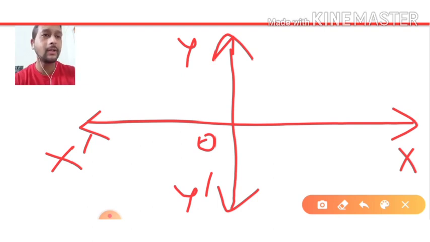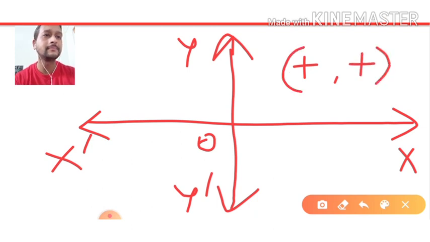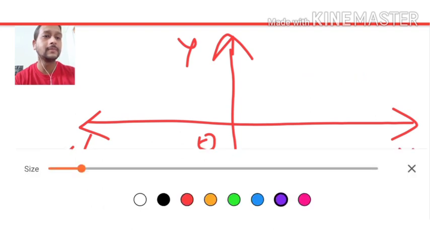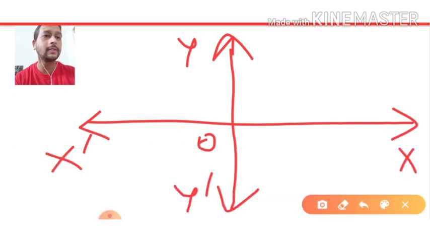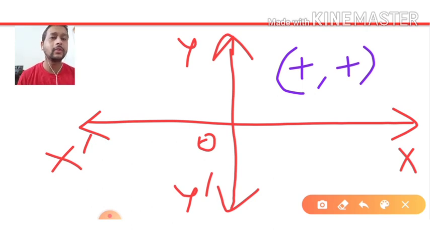Always remember the signs of the coordinates. Here in the first quadrant both x and y are positive, because it is on the upper part, so y is positive, and it is on the right hand side, so x is also positive.